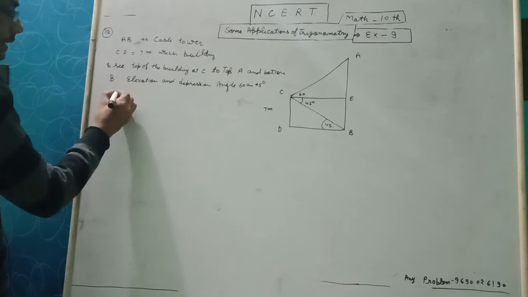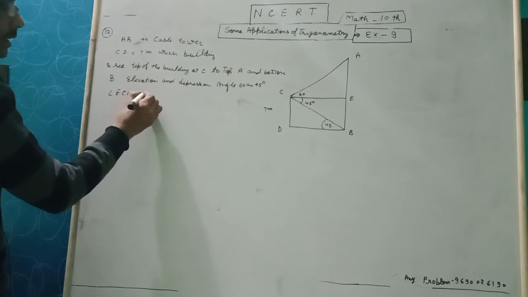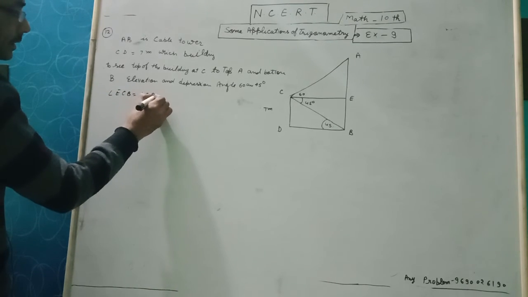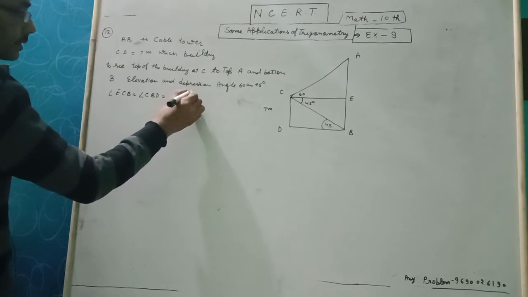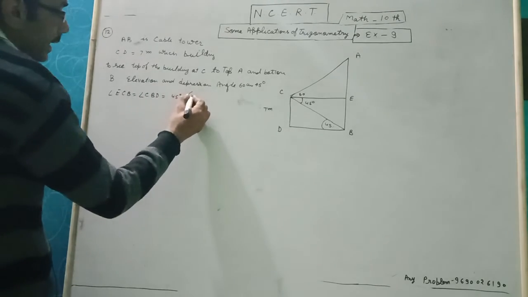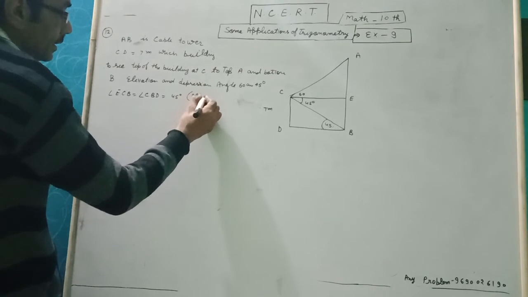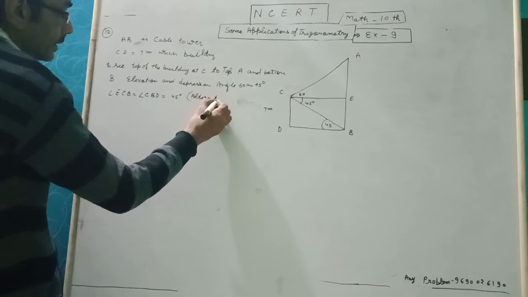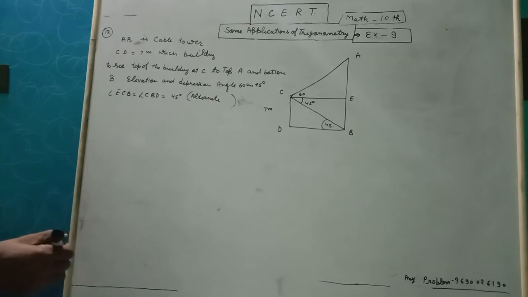Angle ECB is equal to angle CBD is equal to 45 degree. Alternate angles: depression equal elevation.